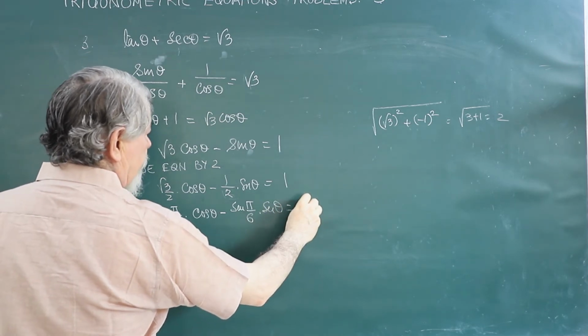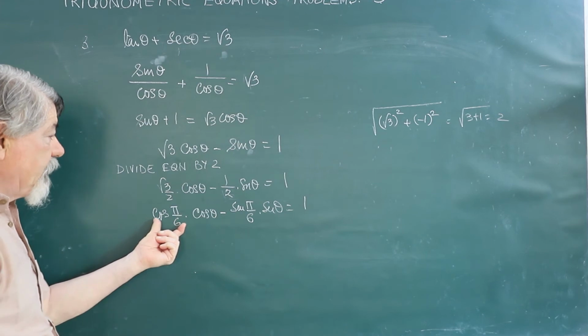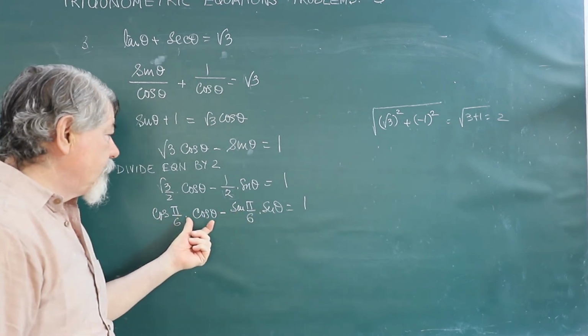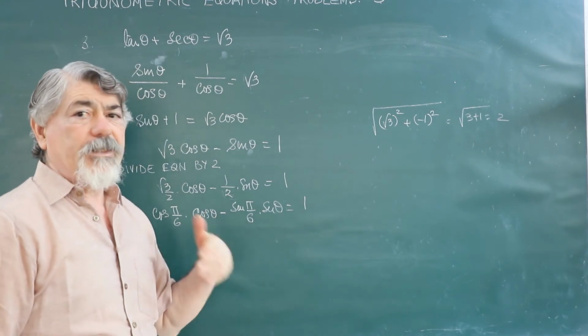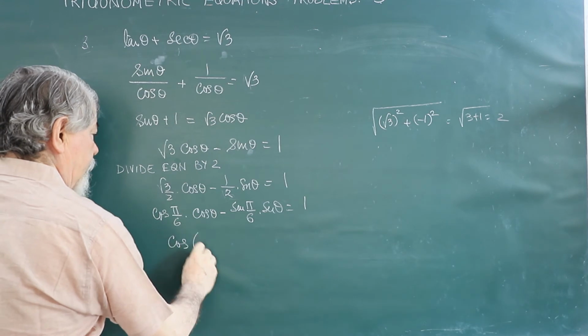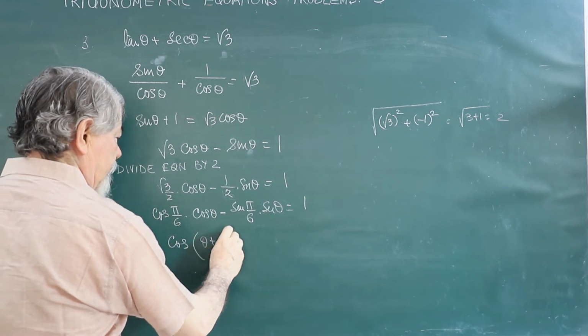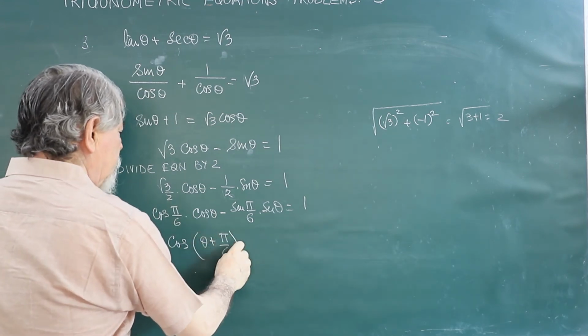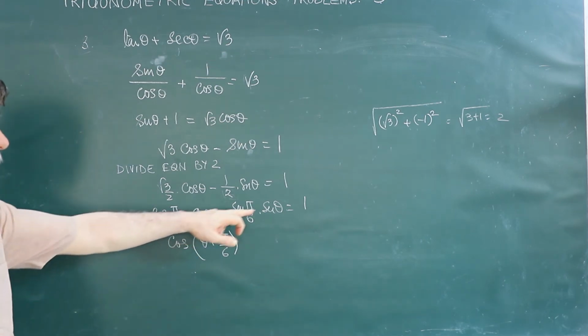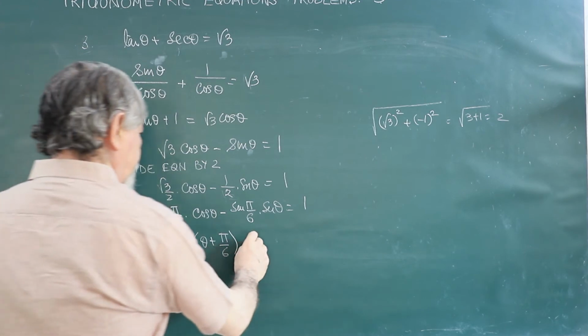Now it is cos A cos B minus sin A sin B. So it will be cos of A plus B, cos of theta plus pi by 6, because in cos the sign changes in between.